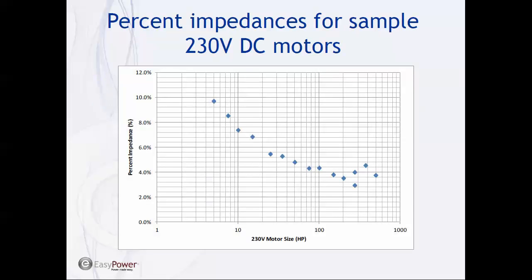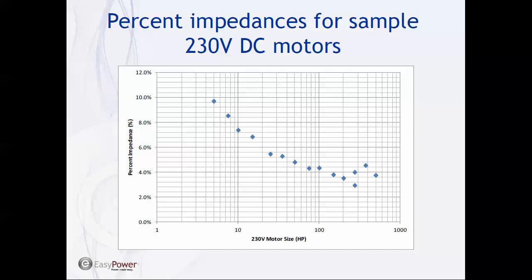This is a graph that we compiled based on the data we collected for 230 volt DC motors, and the ohmic resistance values that includes just the armature resistance plus the resistance on the commutators are converted to percentage by dividing by the base impedance.